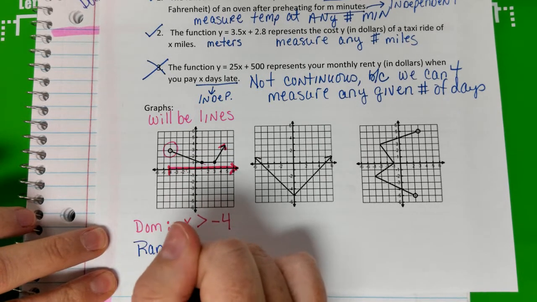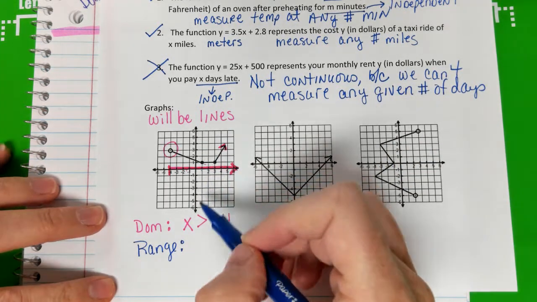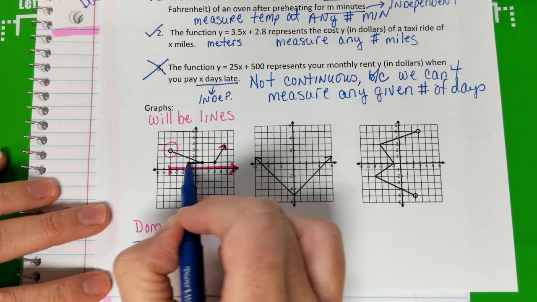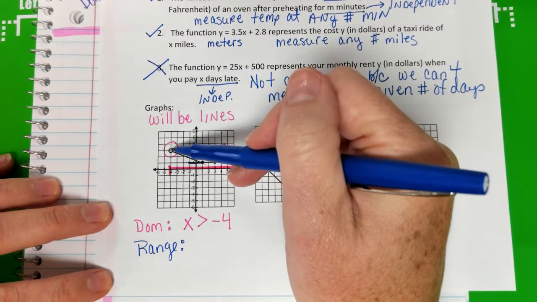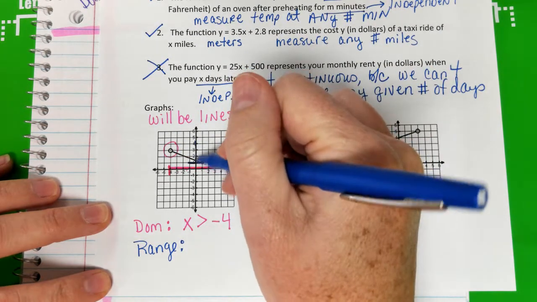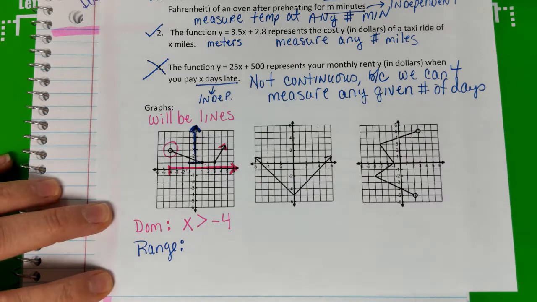Okay, now for our range. I want to look at the top and the bottom of my graph. So for my range, here is the very bottom of my graph at 1. And then, yes, we have an endpoint right here, but this side keeps going. So that means all of our y values keep going. Okay?